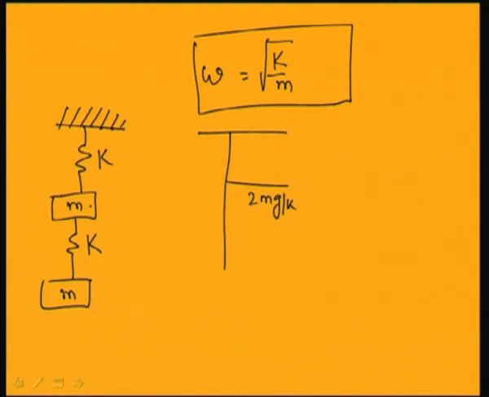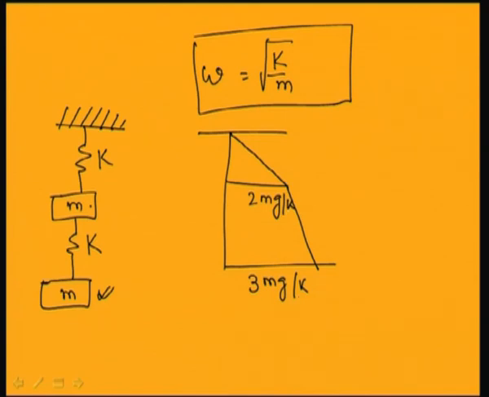So, the total displacement of the second mass will be equal to 3 mg by k. So, by taking the static deflection, I can take this as 3 mg by k. The deflection plot I can show in this way. So, this is 2 mg by k and this is 3 mg by k. So, I can take Z1 equal to 2 mg by k and Z2 equal to 3 mg by k in this case.